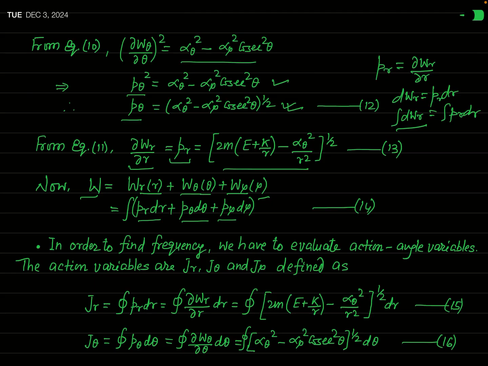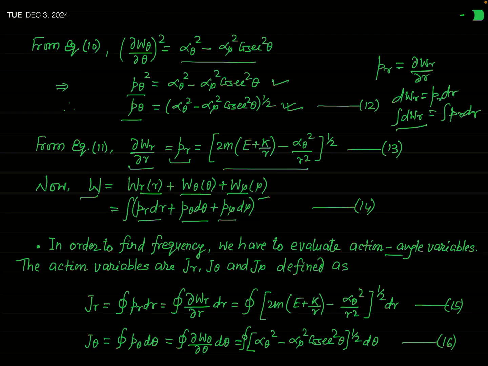Have you understood? Now, our final aim is to find the frequency of the particle moving in this central force field. And for finding frequency, first of all, you have to evaluate the action angle variables.